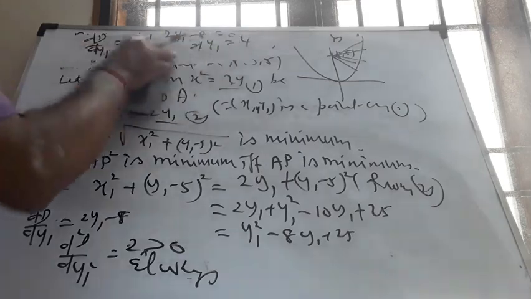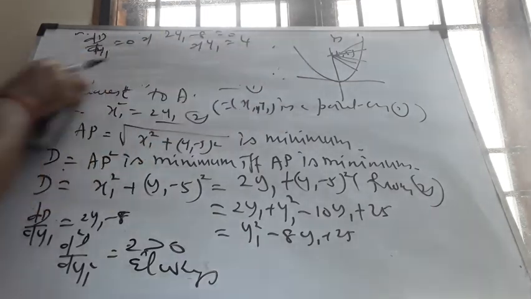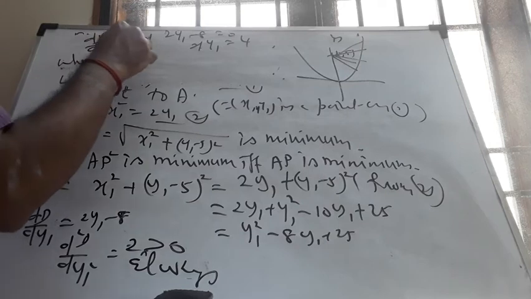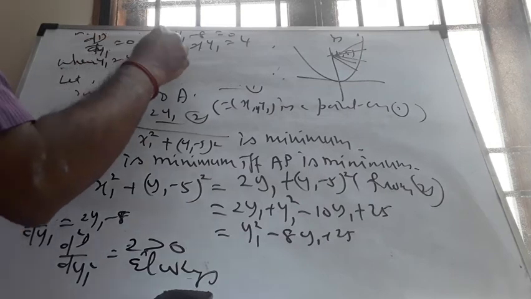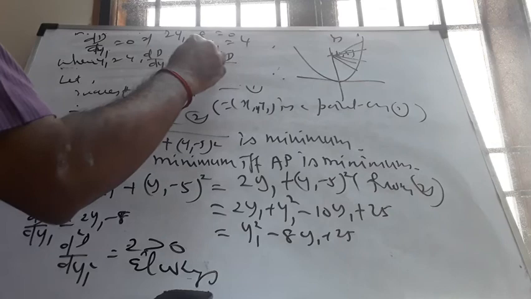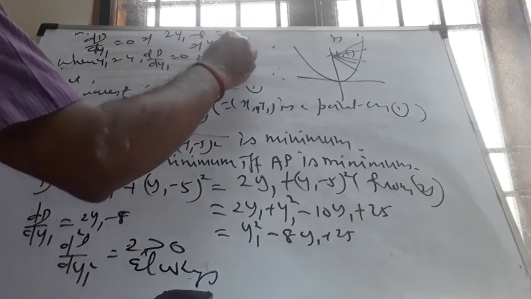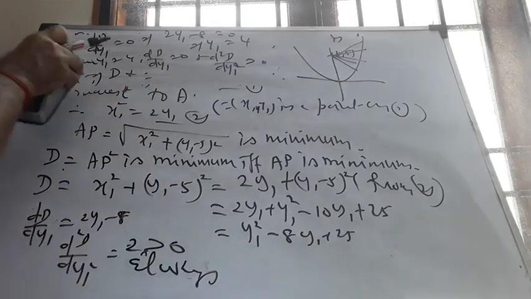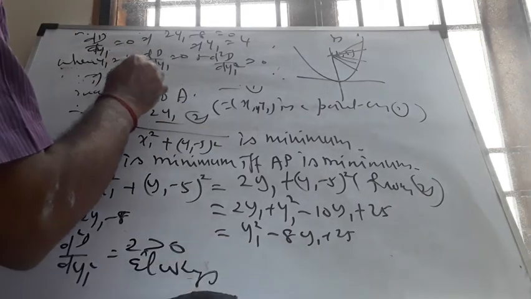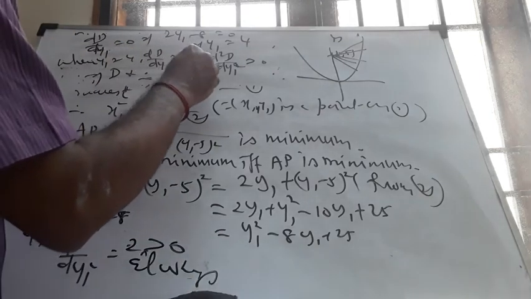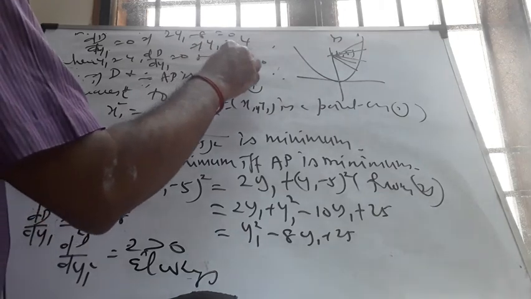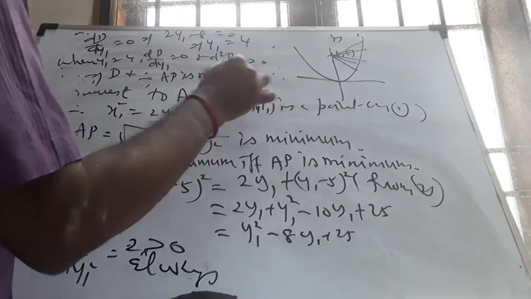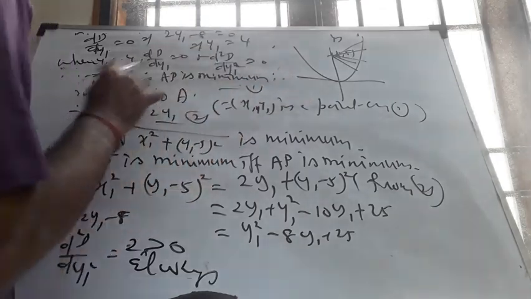When y1 is equal to 4, dD by dy1 is equal to 0 and d square D by dy1 square is greater than 0, and therefore AP is minimum. When the distance is minimum, the point is nearest to (0, 5). That's the meaning.